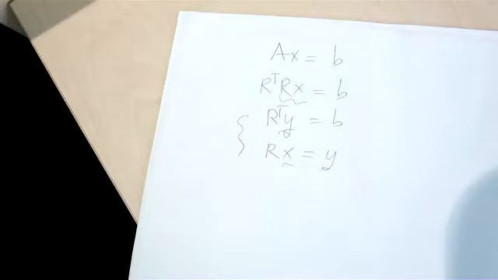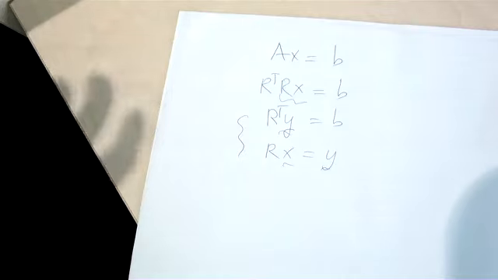So the main idea is that the relative error when you use the Cholesky factorization just depends on the condition number. I mean, this one can be very small, this one can be very small, so everything just depends on the condition number.